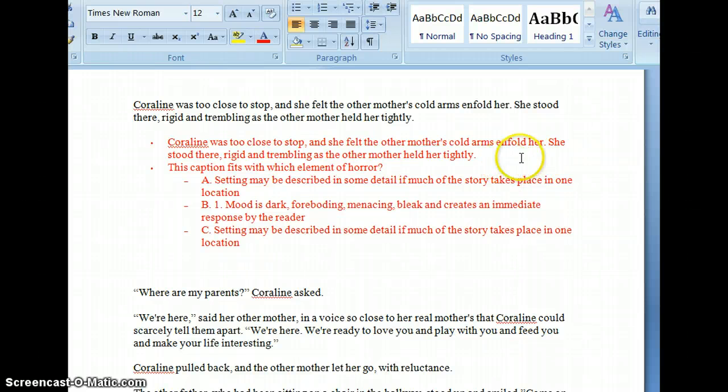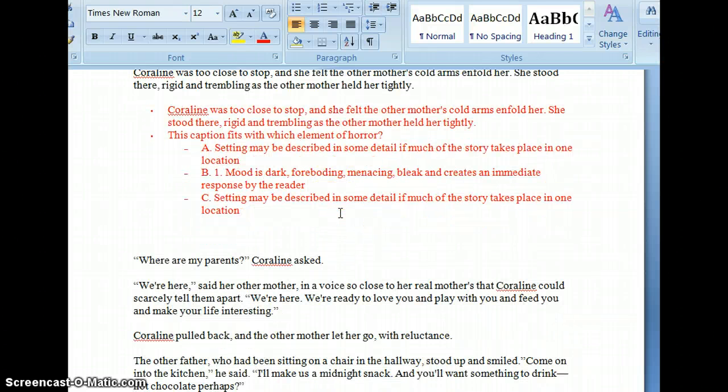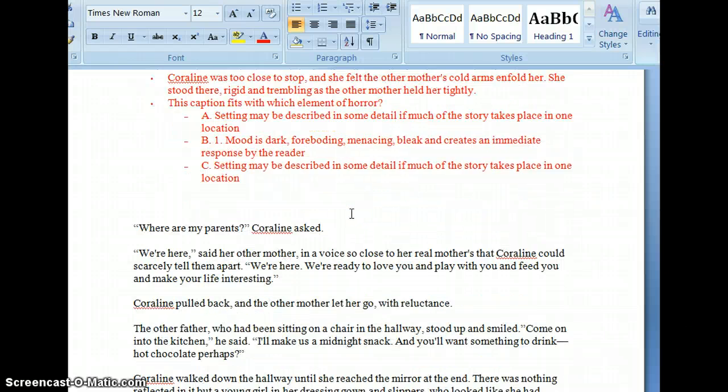So it talks about this instance in the story, and then the question is, what element of horror does this fit into? So this gets into the students having to think about how to tie this instance into which element of horror we studied.